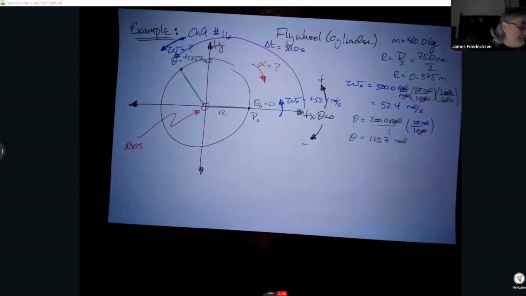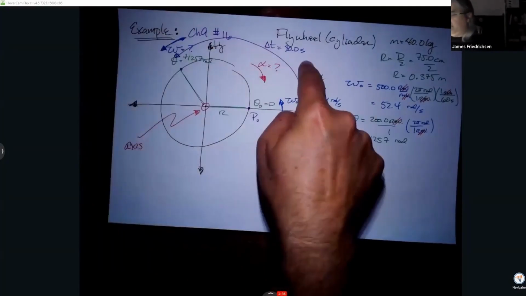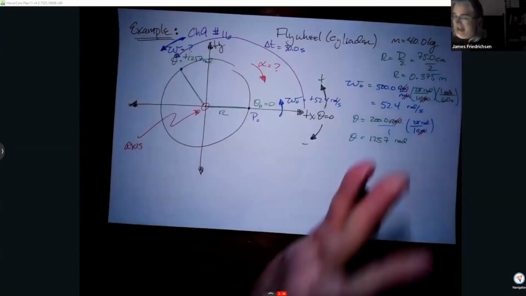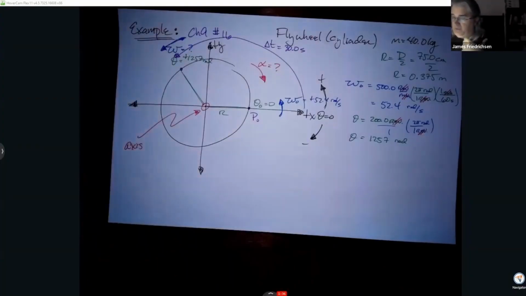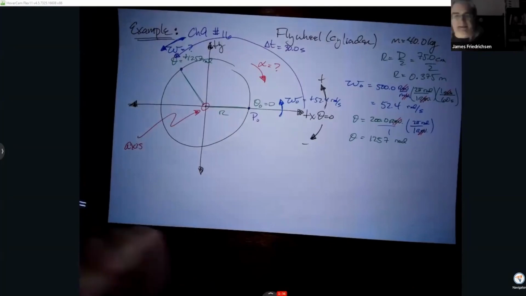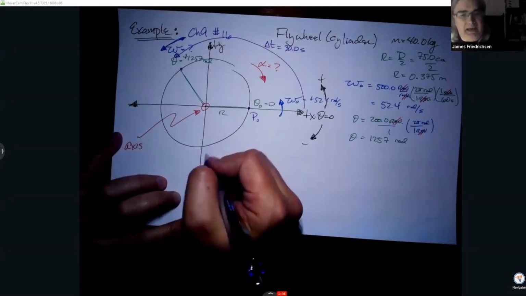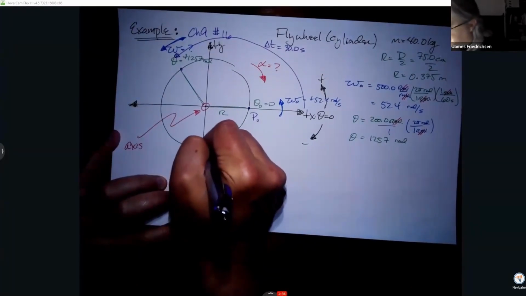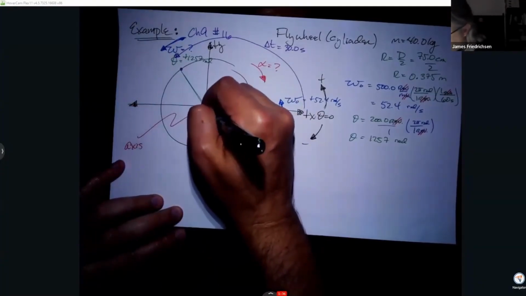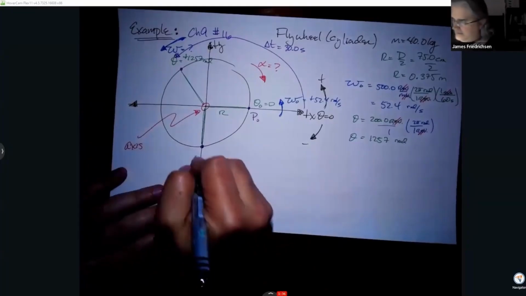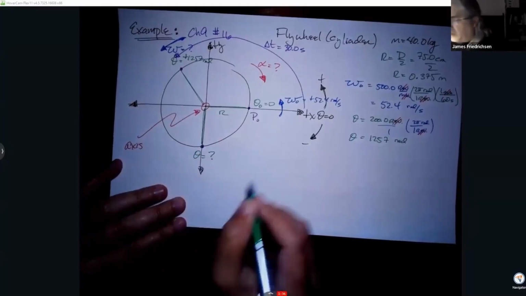And then, so this was during the 30 seconds when the power was off. And then they asked us another question, which was, how long would it take until it comes to a complete stop? Let me put the complete stop down here at this point. So we are still that same radius away. And so I don't know where we're at here.